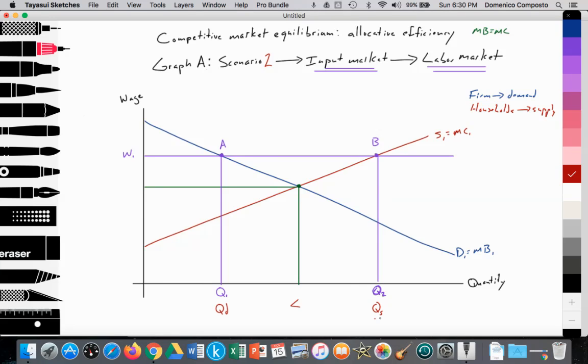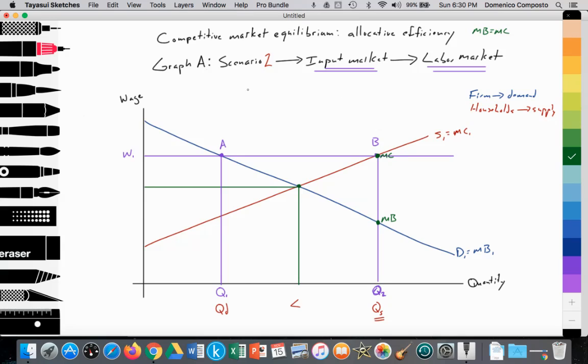At the quantity supplied, we go up, and we notice that the marginal cost at point B is greater than the marginal benefit.